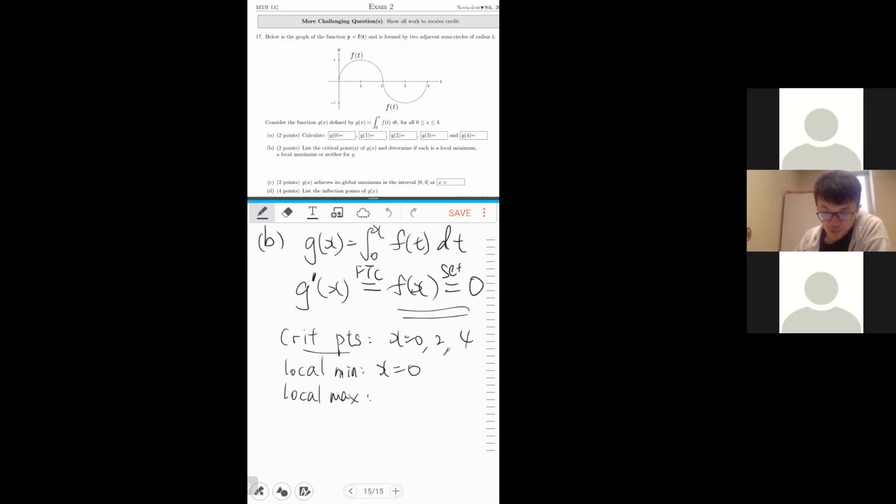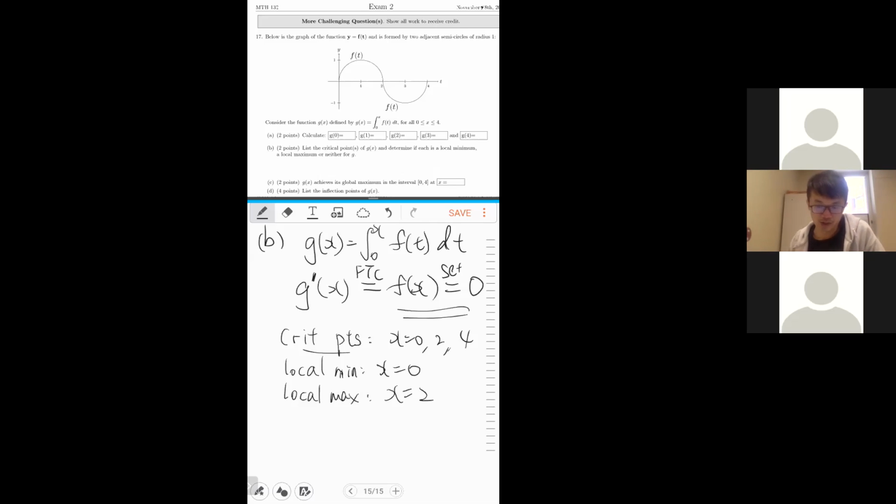What about x equals 2? It's a local max. So the derivative to the left is positive.